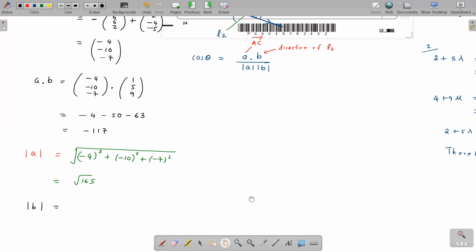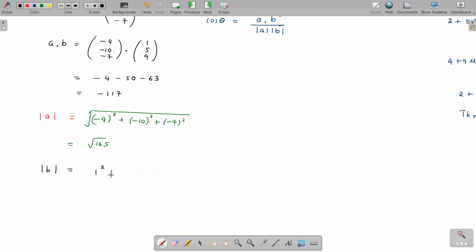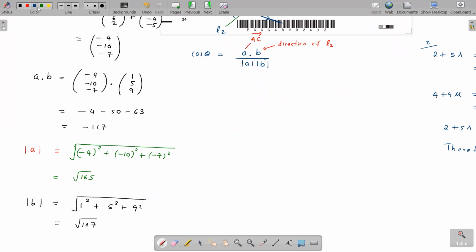So what was the direction of line 2? 1, 5, 9. 1 square, 5 square, 9 square, root. How much is it? Root 107. Okay, so I have everything I want here. So let's input now. Cos theta equals A dot B, which is minus 117, over modulus A, root 165, into modulus B, root 107.